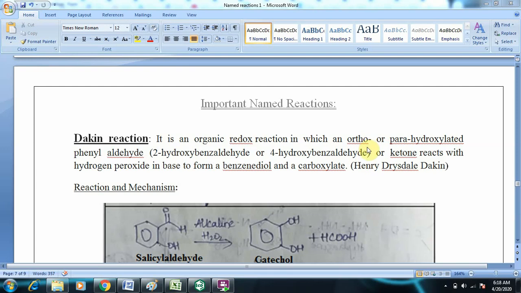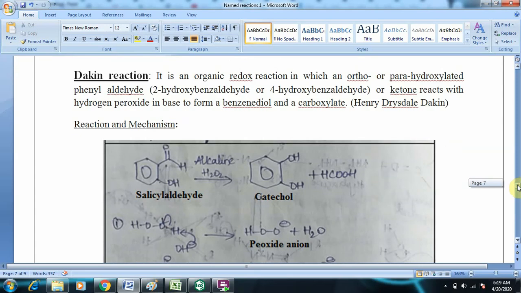This is about aldehydes, and if the substrate is a ketone, then it also undergoes the Dakin reaction, provided it has an ortho-hydroxy group or para-hydroxy group. The reagent is hydrogen peroxide in base. Base is the catalyst to form benzene diol and carboxylate.